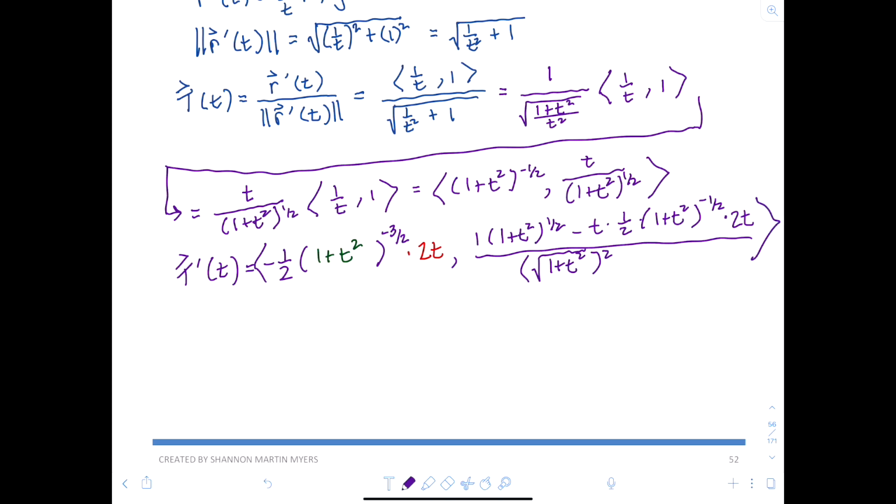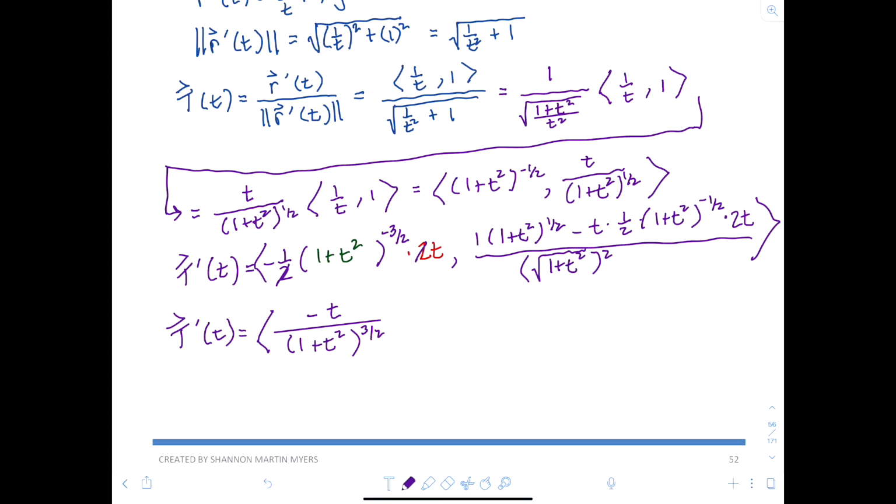All right, so cleaning it up, we'll have T prime of t. We might need a couple iterations of cleaning here. Let's see, the 2's divide out. And so for the first one, we're going to end up getting negative t over (1 plus t squared) to the 3/2.